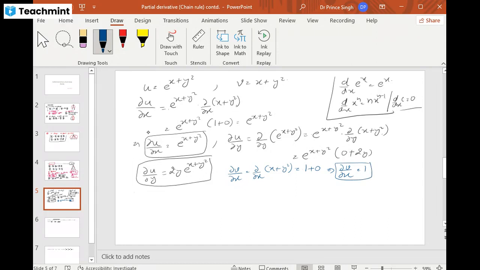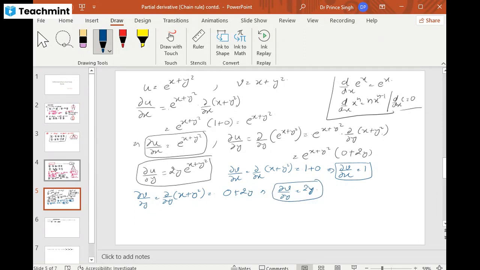And if we differentiate v with respect to y, then this is ∂/∂y of (x+y²). The derivative of x with respect to y is 0, and the derivative of y² is 2y. So it gives us the value of ∂v/∂y as 2y. So basically we get the value of all the required derivatives.